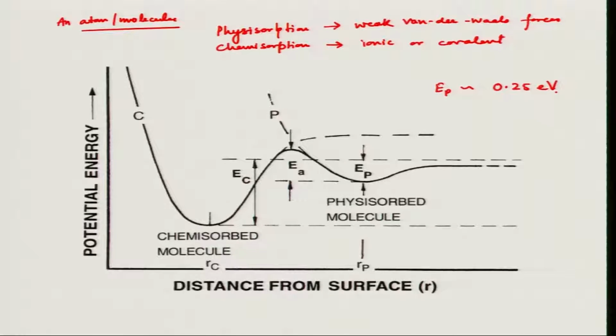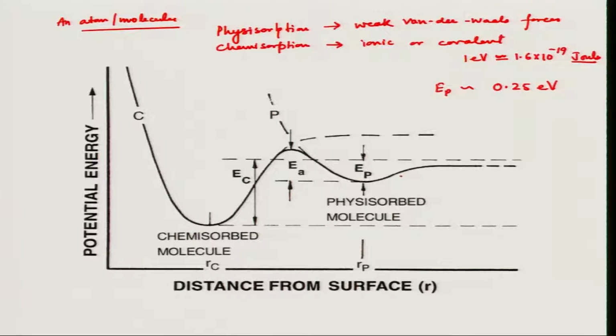And 1 electron volt is approximately equal to 1.6 times 10 to the power minus 19 joules. So, as you see, it will get attached and lower its energy by physisorption.